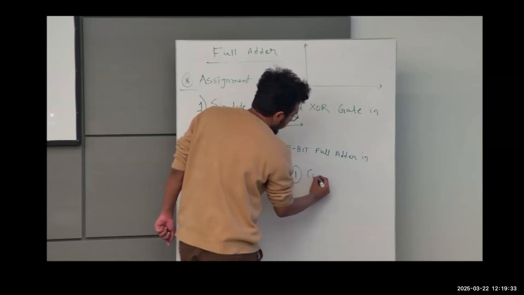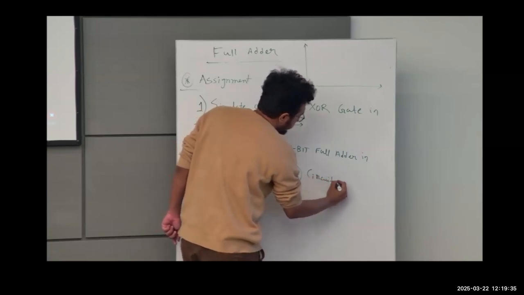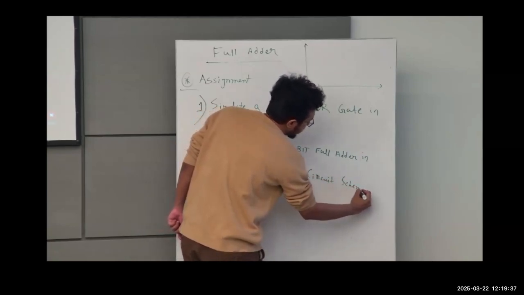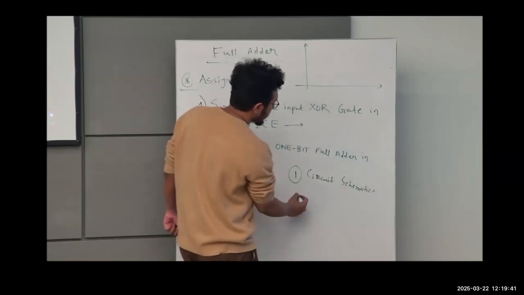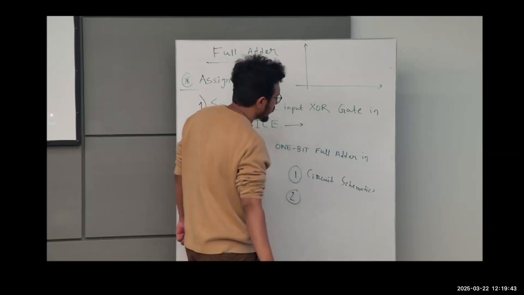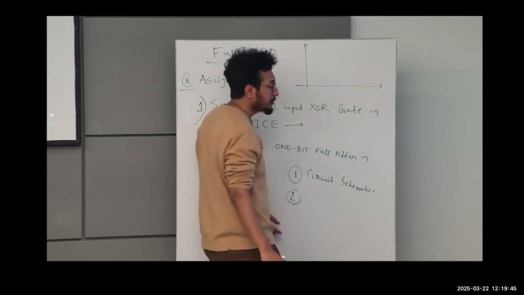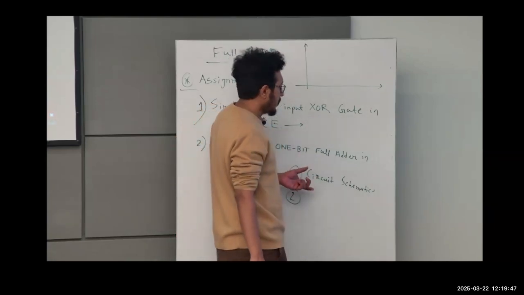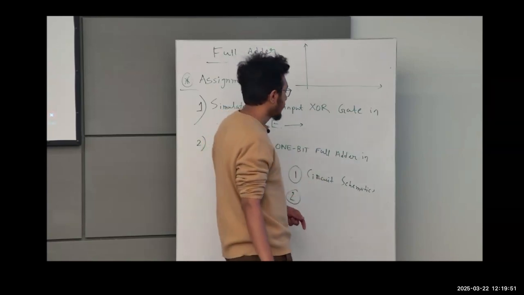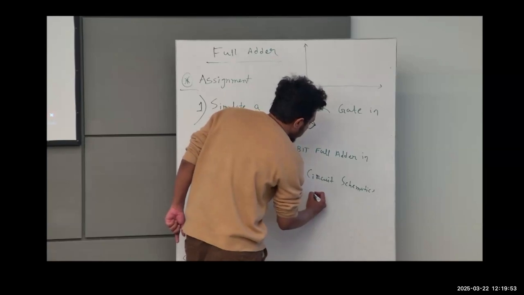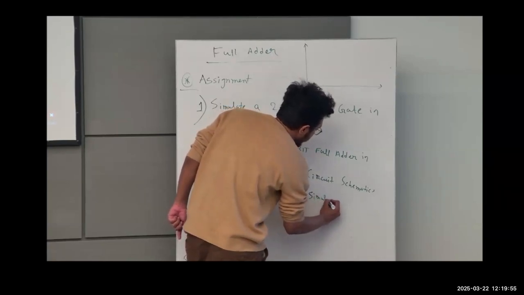At first, you have to give the circuit schematic that you have built, for example, the whole circuit picture. Then you have to provide the simulation parameters, like what input you are giving, what kind of pulses, what its period is, and the simulation waveforms.